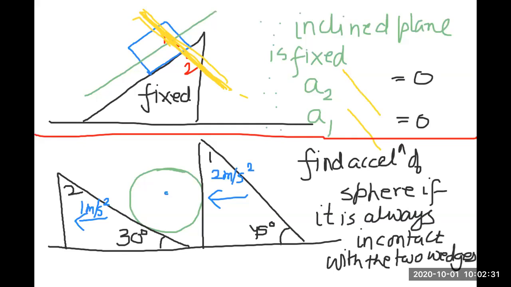So I will assume that the acceleration of this sphere has an x component of ax and a y component of ay. Remember, when the rain was falling, the velocity of the rain was given by xi cap plus yj cap.